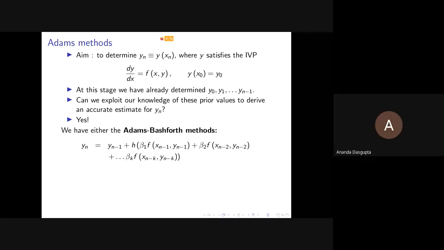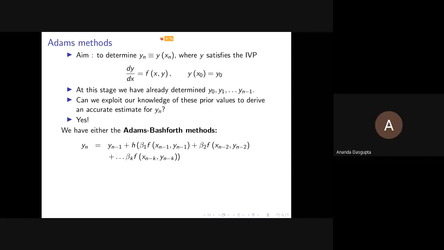On the other hand, say you started with x0, y0, then you went to x1, y1. x1 was trivial, it's just x0 plus h, but y1 is what you estimated. Then you found x2, y2, x3, y3, and so on. At each stage, as you went along, you can also know f of x0, y0, f of x1, y1, and so on. Right? Yes.